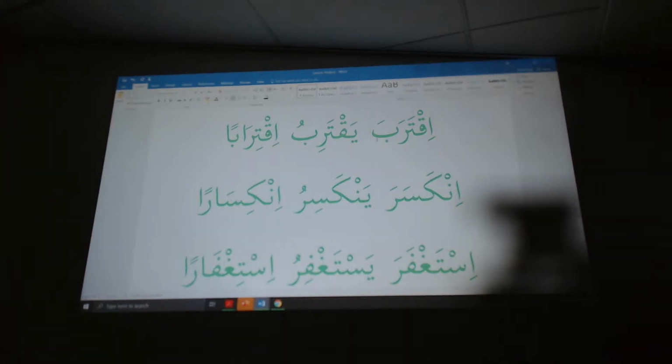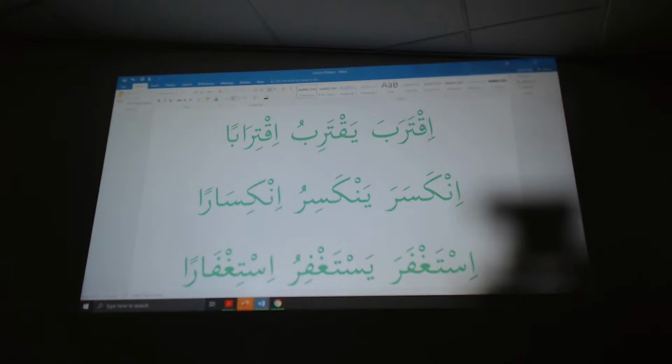So, first one. Iqtaraba. Now, what are we adding over here? The E is always part of the word, and the ta is always part of the word. Your three letters that you're adding are the qaf, ra, and the ba: the second letter here, the fourth letter here, and the last letter there. So iqtaraba, the e and the ta will be there, no matter what family you put it on.